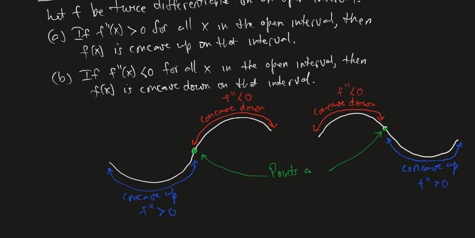Points at which the concavity of a function changes, whether it changes from up to down or down to up, right? So wherever the concavity of a function changes is called an inflection point.